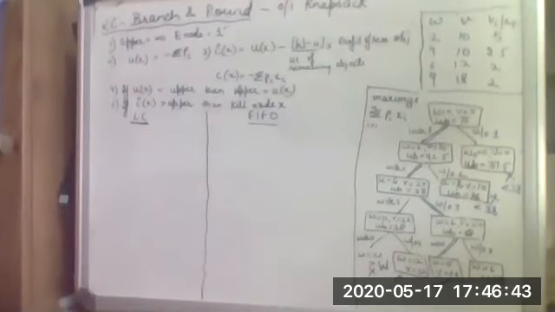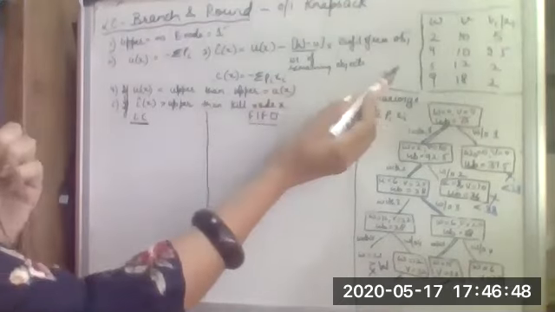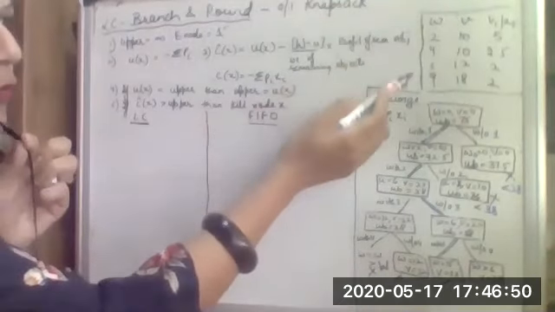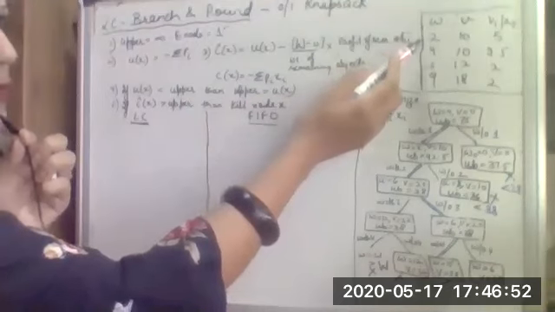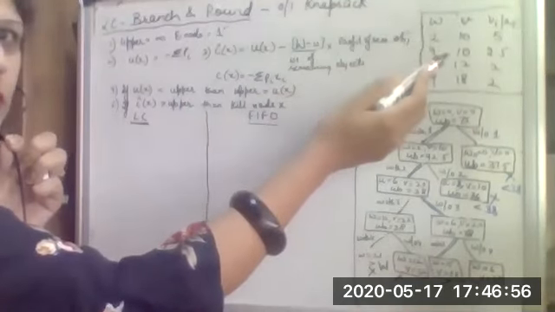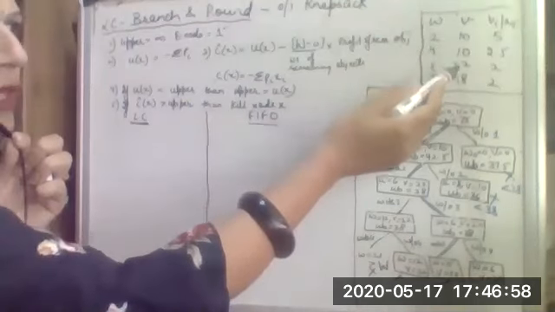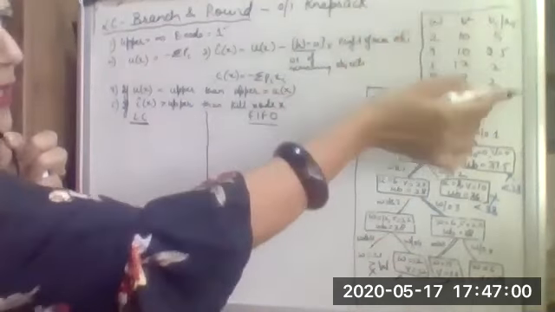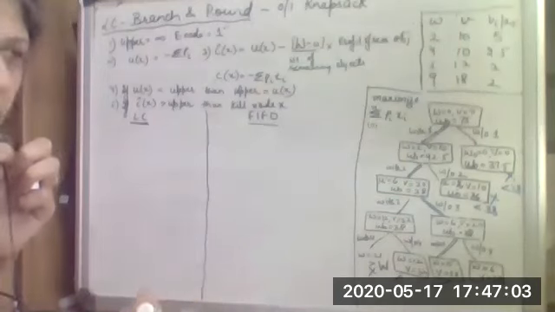So let's start creating the state space tree for the same problem that we have taken earlier, with the 4 elements with weight values 2, 4, 6 and 9 and their profit values respectively 10, 10, 12 and 18. We have already calculated this vi by wi value.